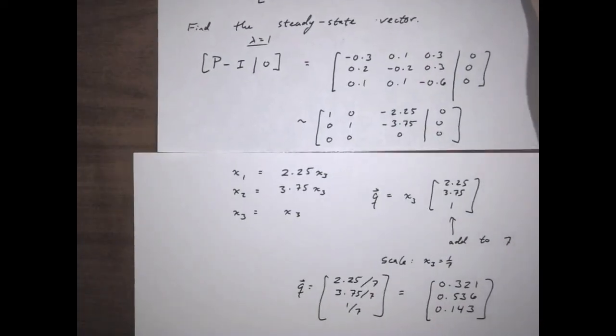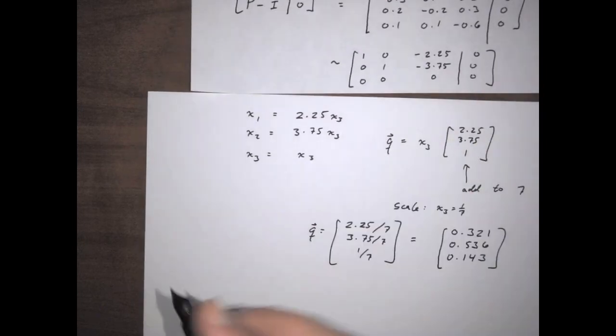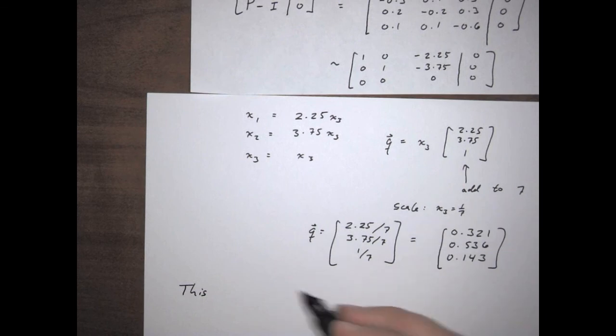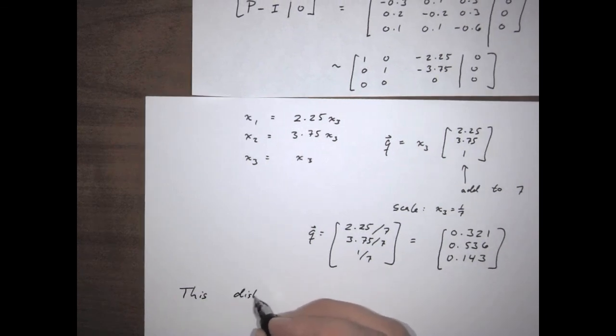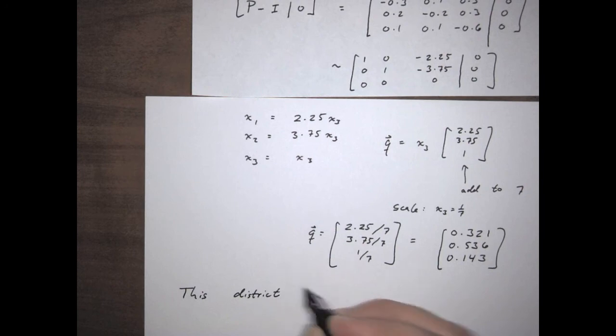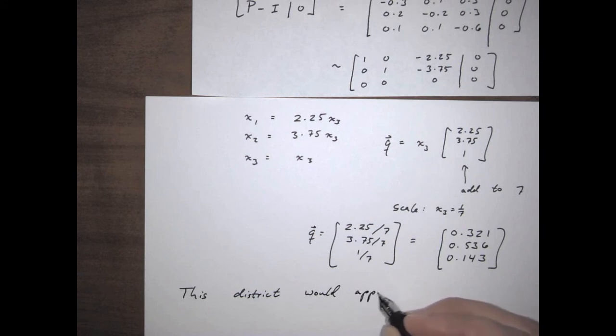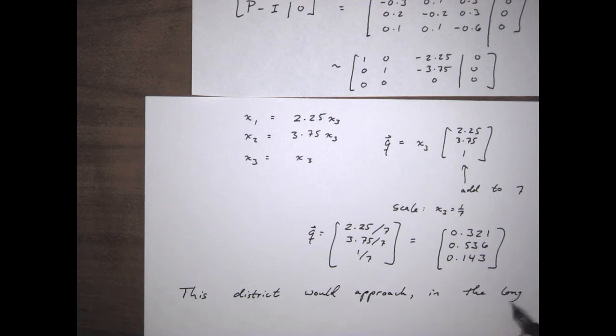So assuming this was just some little district, this district in the long run, if these trends in transitioning would continue, would approach 32.1%.